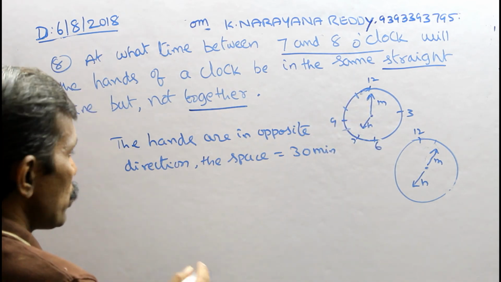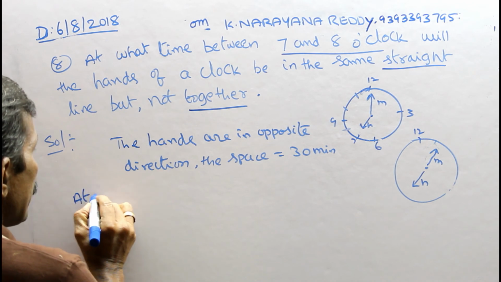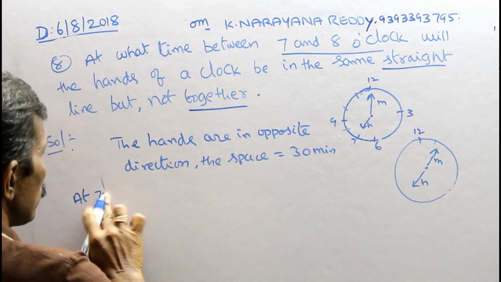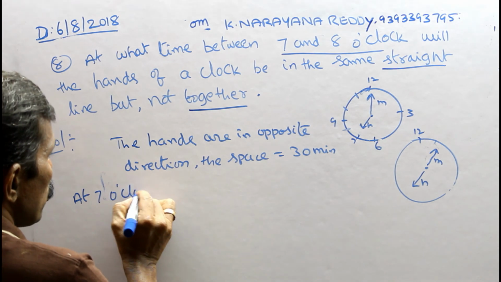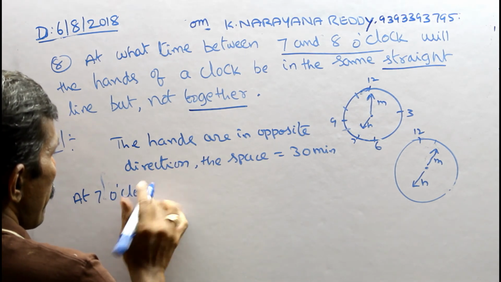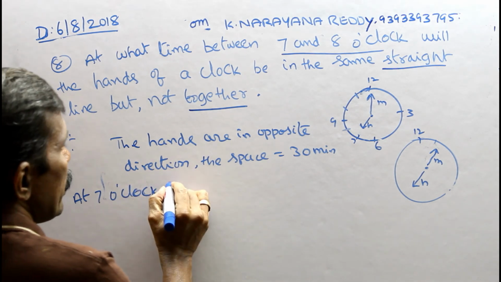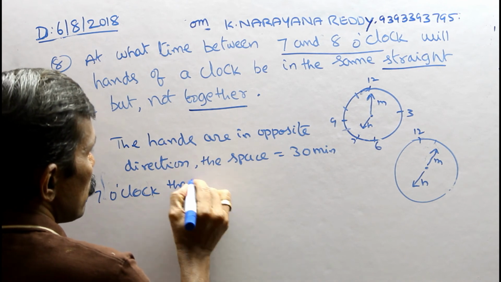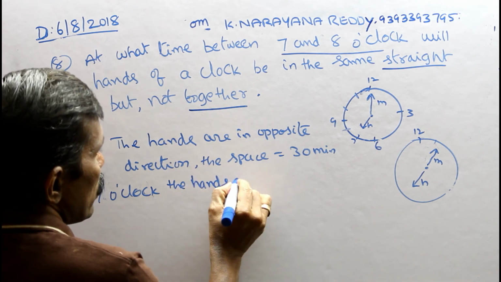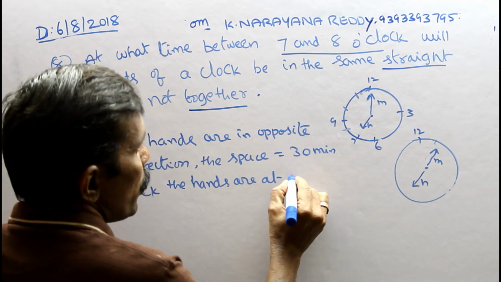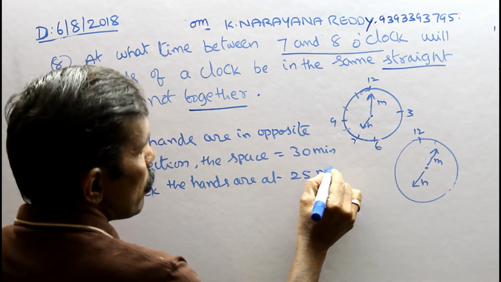Okay. Actually, at 7 o'clock, the hands are at 25 minutes spaces apart.